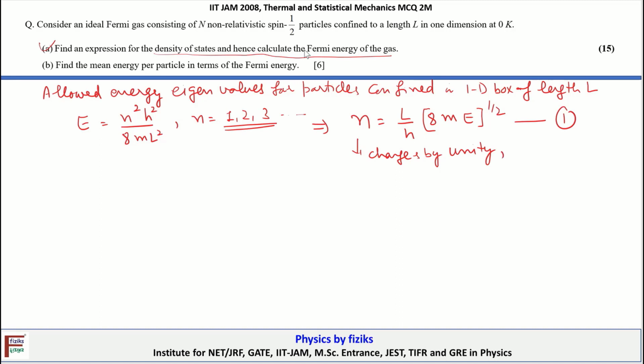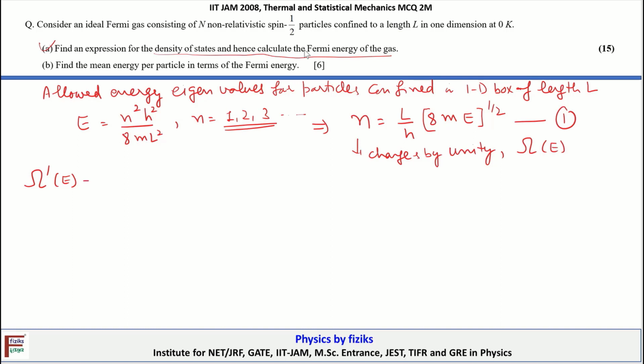Its values give us the number of microstates with energy less than or equal to E. So if omega denotes the number of microstates with energy less than or equal to E, then omega dash E denotes the energy states in the interval E to E plus dE.